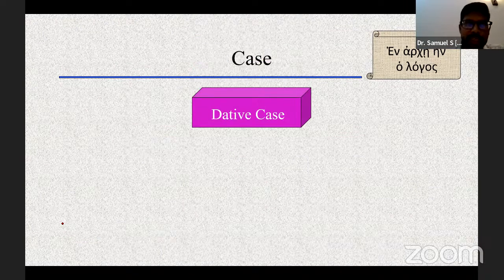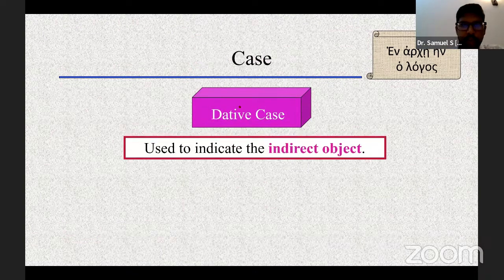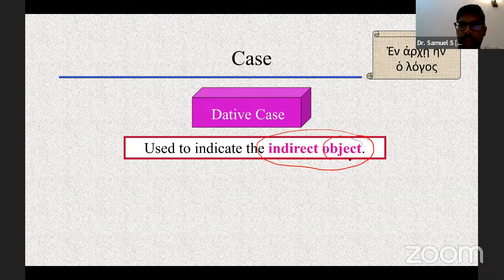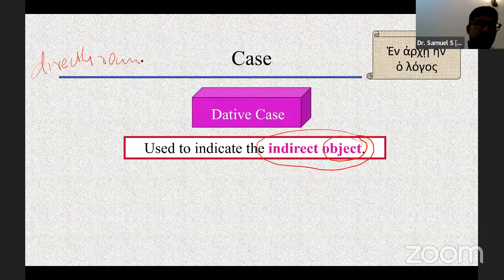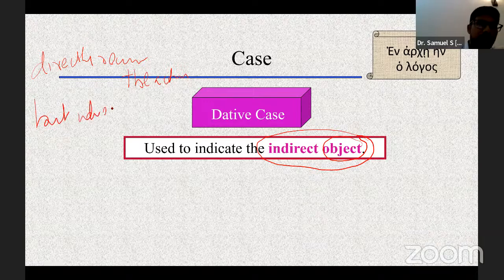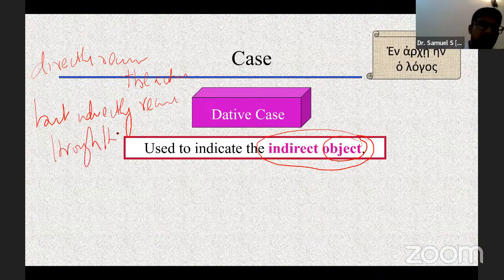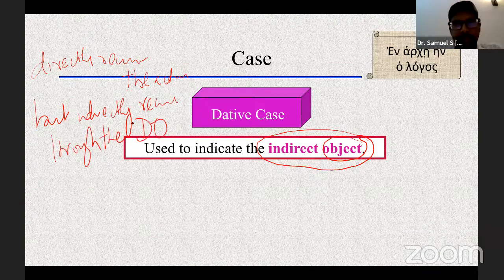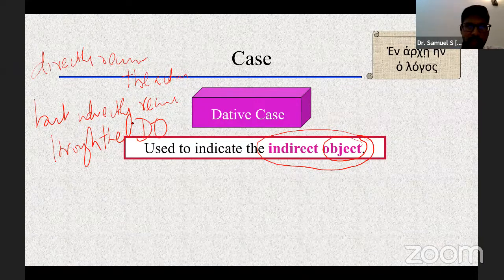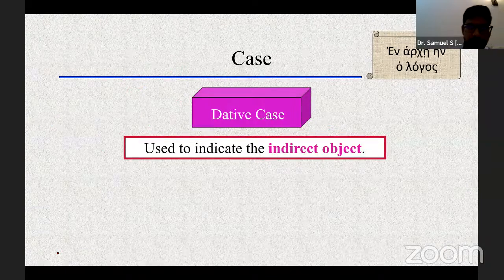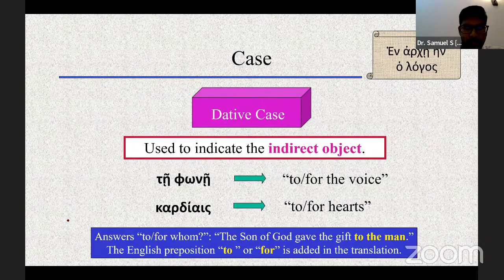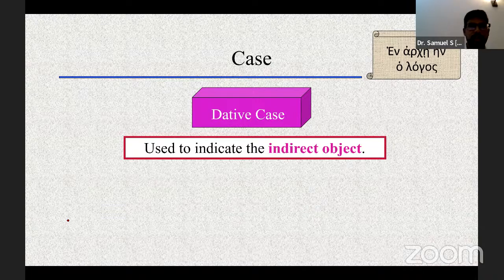Third case, dative case, used to indicate the indirect object. What is the indirect object? The indirect object is not directly receiving the action, but indirectly receiving it through the direct object. Let me give a simple example.